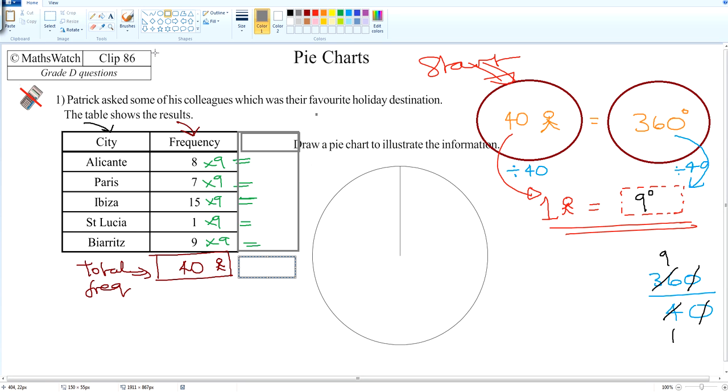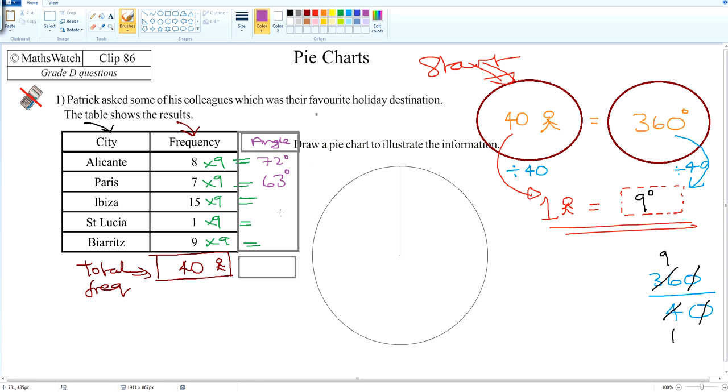Now we can start looking at those numbers. So we have 8 times 9, which gives us 72. So what we're working out now is the angle. If 7 times 9, that will give us 63.